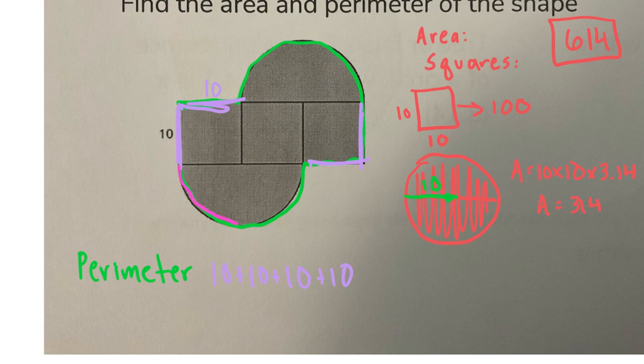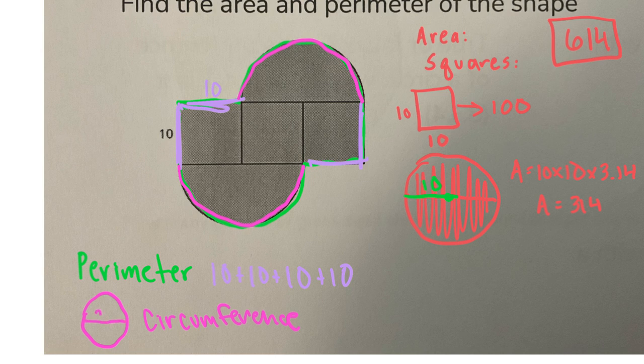Then we have this part, which is, if you notice, just like before, if we push those together, we end up with a circle. So then we just need to find the circumference of the circle. Okay, so we have to find the diameter of our circle.